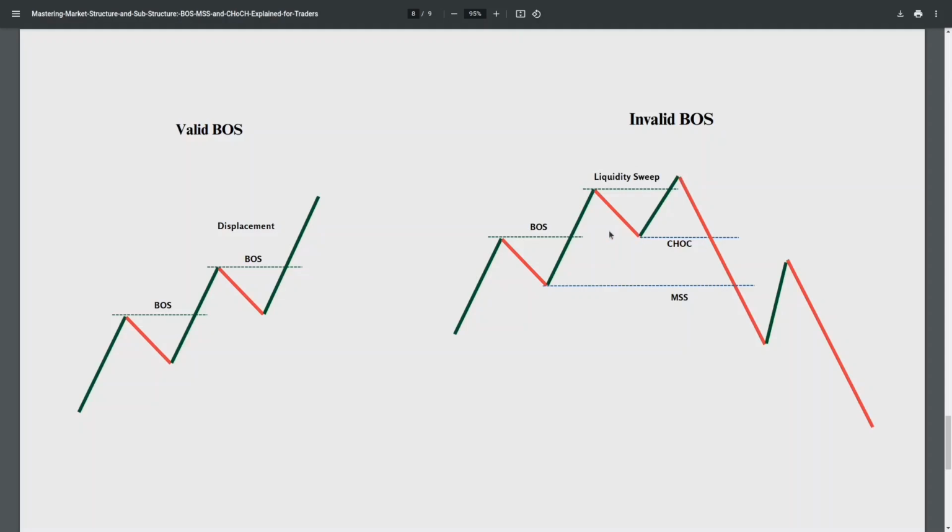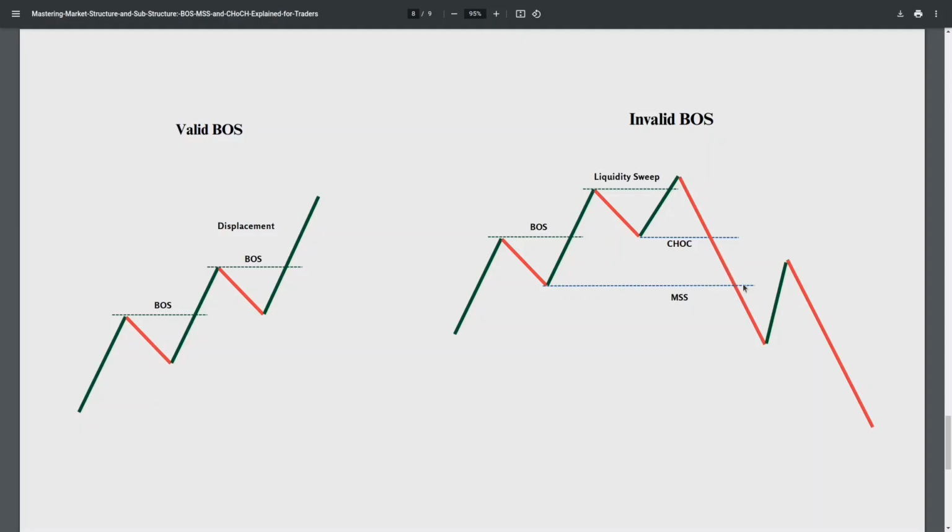So what happens here? Price came down, broke this level, took this level here, which we will regard as a change of character, because automatically here is a kind of our substructure. Price broke this level, signifying a possible change in the market direction.